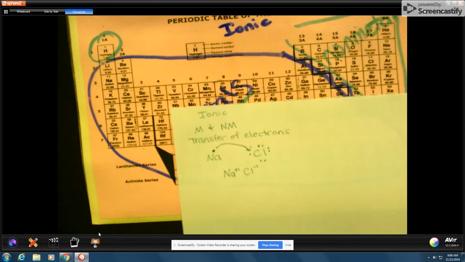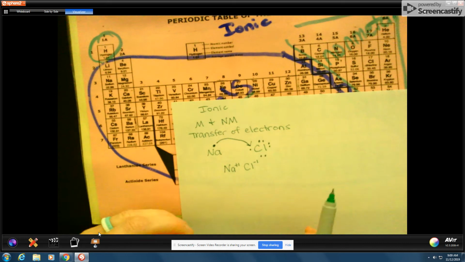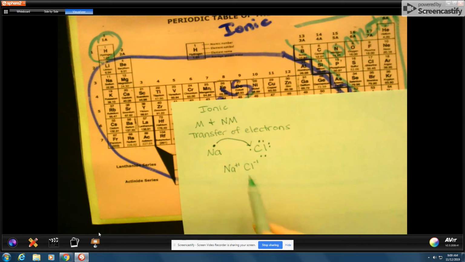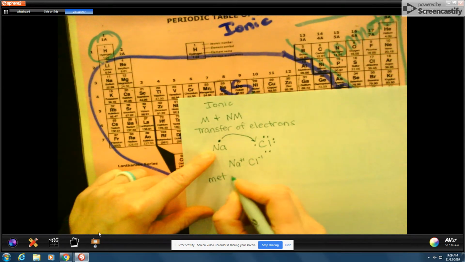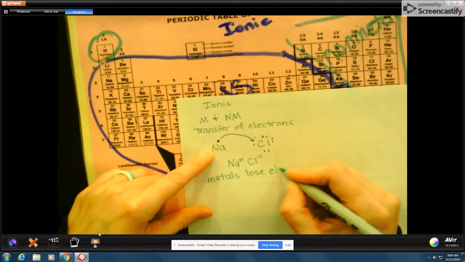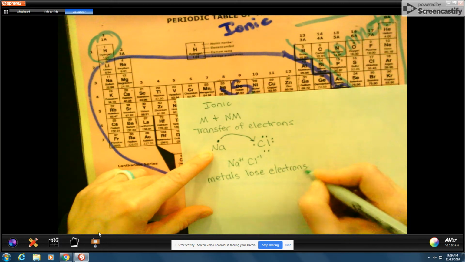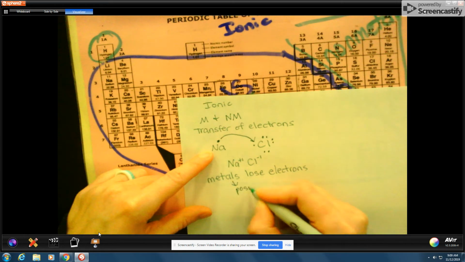This transfer of electrons causes the positives and the negatives, which allows these two ions to be attracted to each other because opposites attract. You need to remember that metals lose electrons. Electrons are negative, so when metals lose them, they become positively charged.